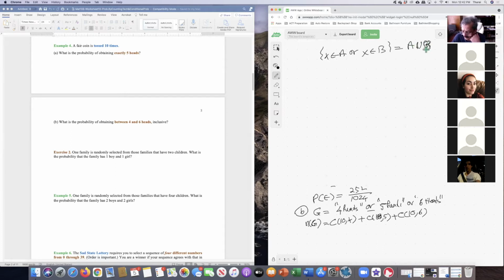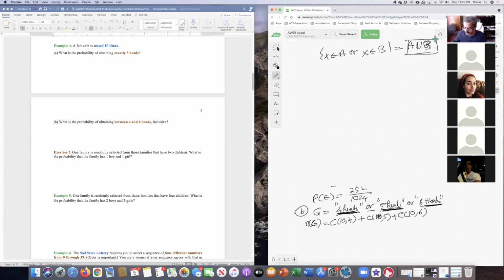Anything that belongs to A union B would either belong to A or belong to B. So if I say 4 heads, I'm talking about the set that contains all the elements of the sample space with exactly 4 heads. This is a set that has elements of the sample space with exactly 5 heads. This has elements with exactly 6 heads. So when I say the element should be either here or here, that's the same as belonging to the union, right? That's how we understood the union.